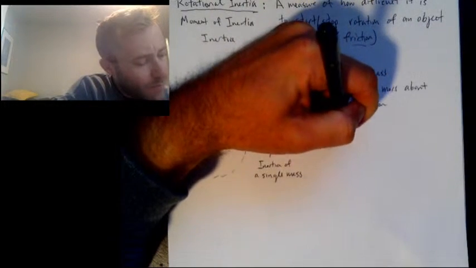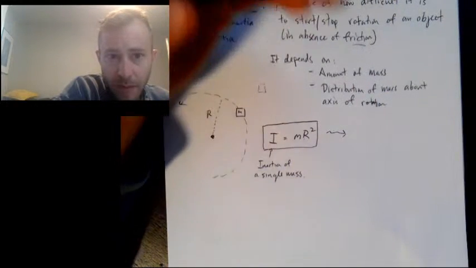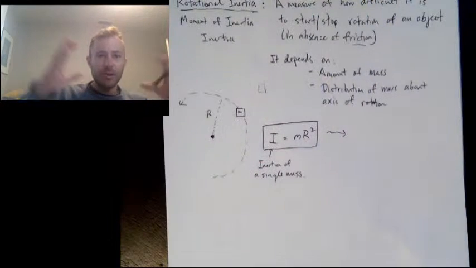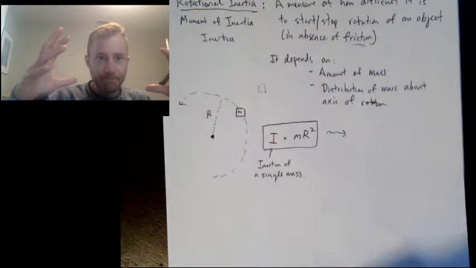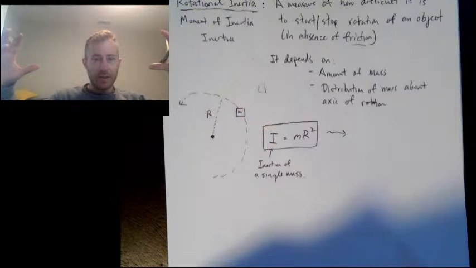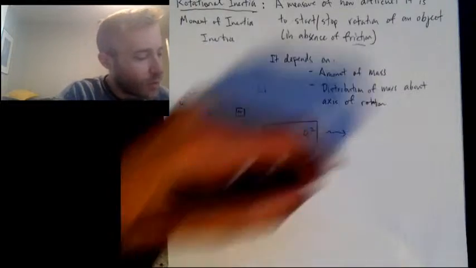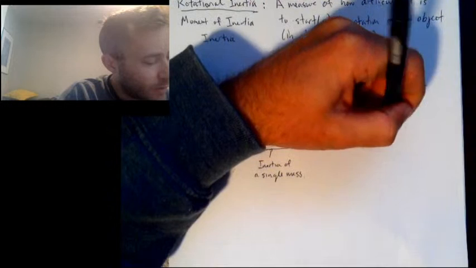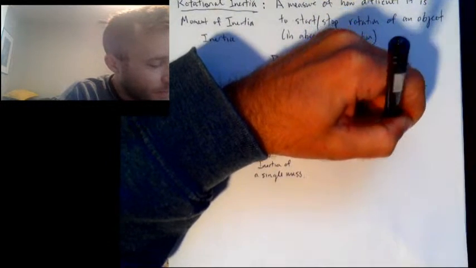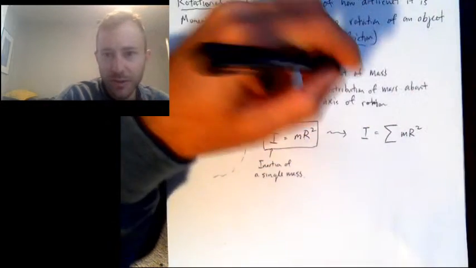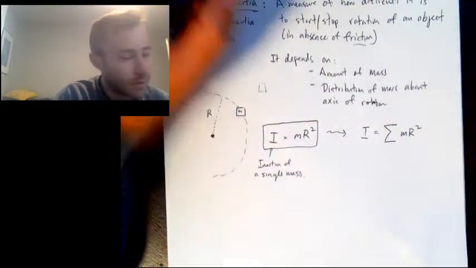If you have more than one mass, for example, a dumbbell, which has a mass on one side and a mass on the other side, then the total inertia of the system is the sum of the m r squareds for each of the individual masses in the system.